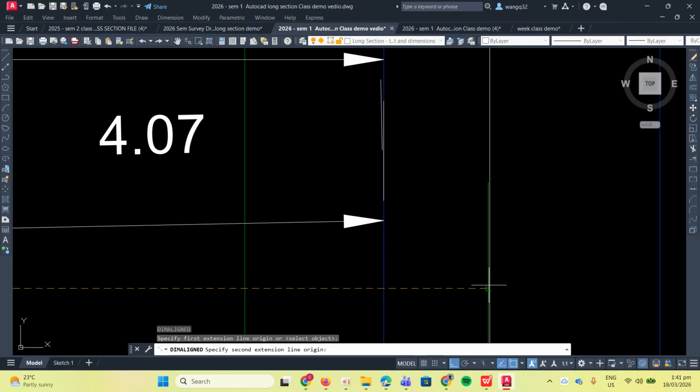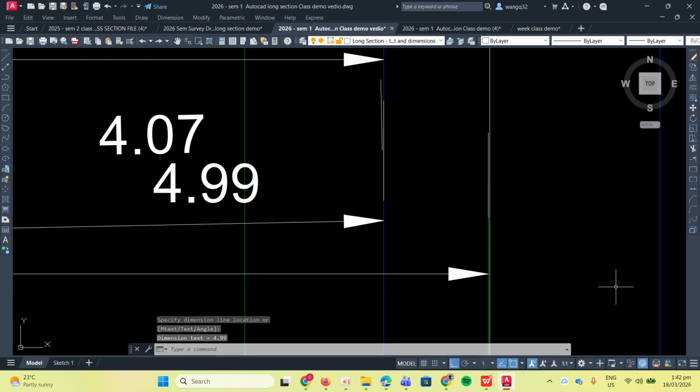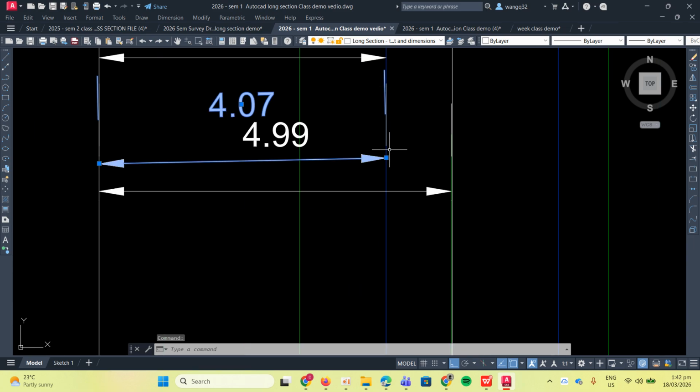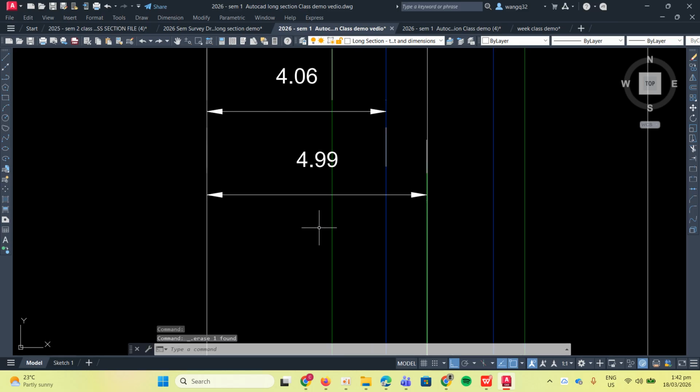Oh, that's the center of the tree. So something is wrong here. Oh yeah, that is wrong. I just need to delete that one. So the center line of the tree.